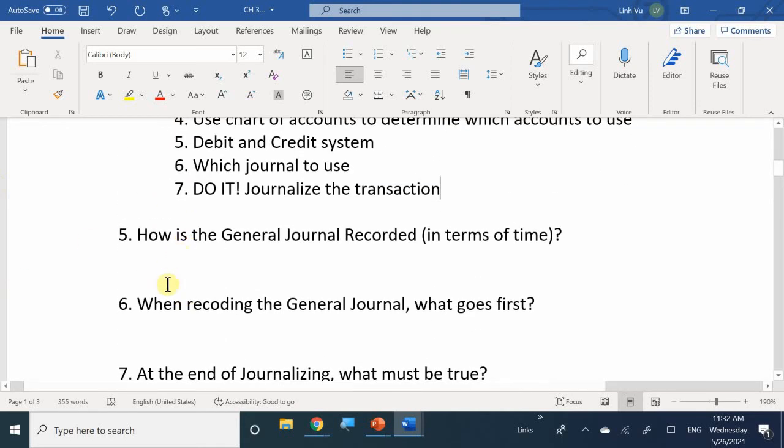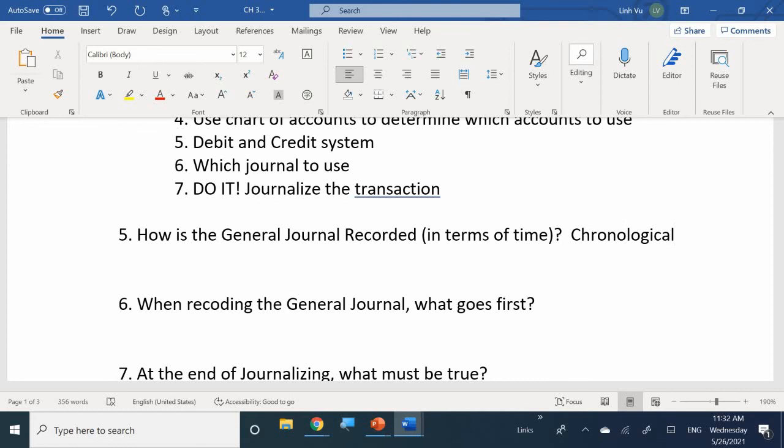Okay. Question number 5. How is the general journal recorded in terms of time? How do you generally record the transactions? Chronologically, yes. Okay, so chronological.